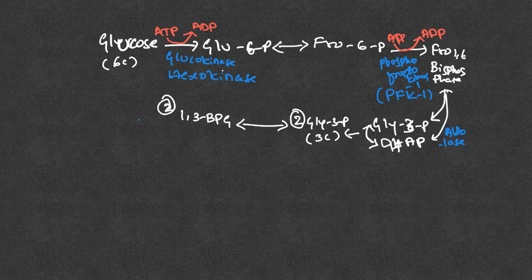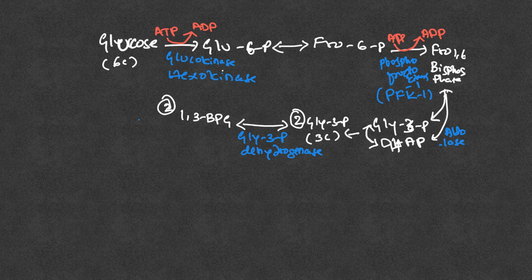This particular reaction is catalyzed by the enzyme glyceraldehyde 3-phosphate dehydrogenase. Dehydrogenases belong to the oxidoreductase class of enzymes. That means there will be oxidation and reduction reactions going on in this kind of reaction.